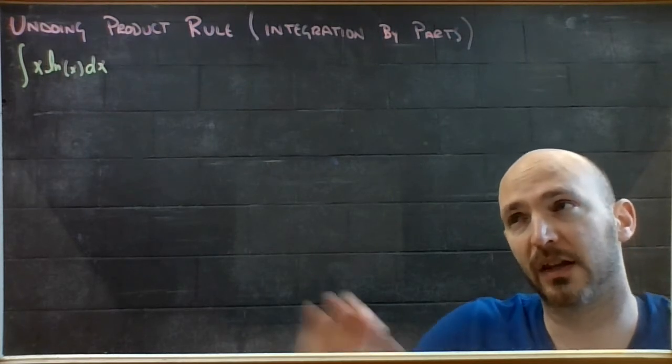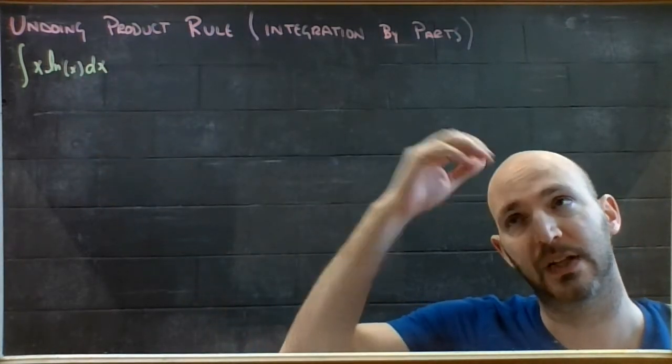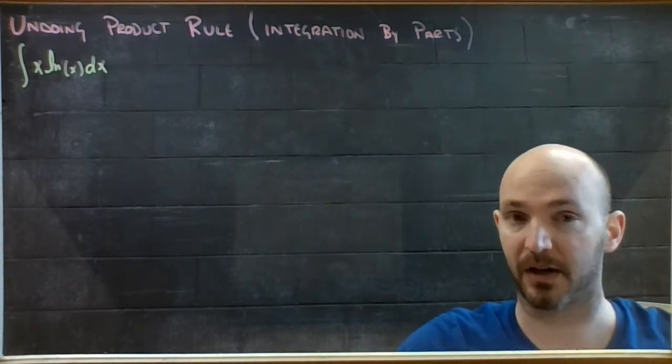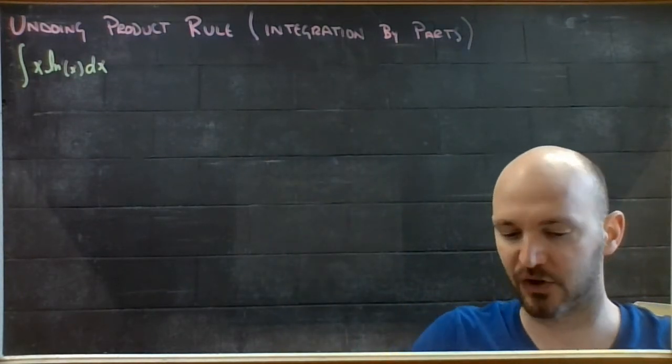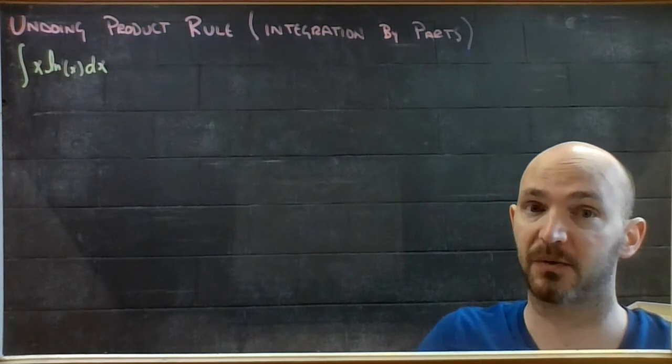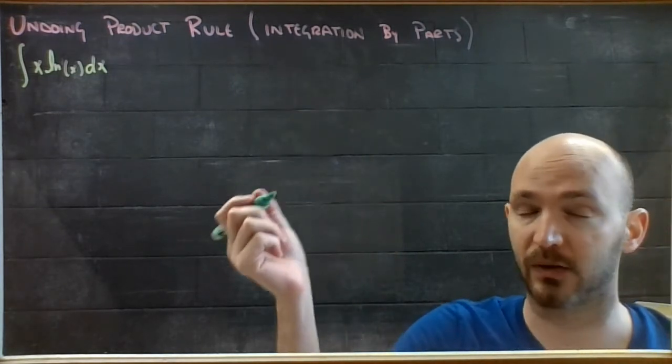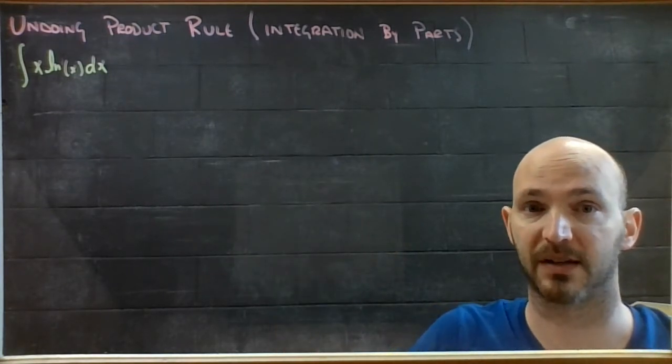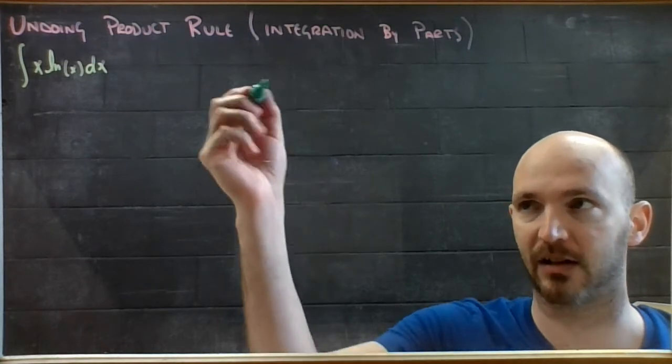So in order to undo a product rule, you need a thing called integration by parts. And integration by parts is just a formula, so I'm just going to write it out. It's going to make no sense and it's going to cause you some stress, but don't panic, it's not that hard.